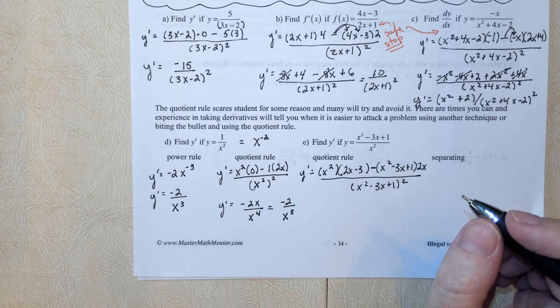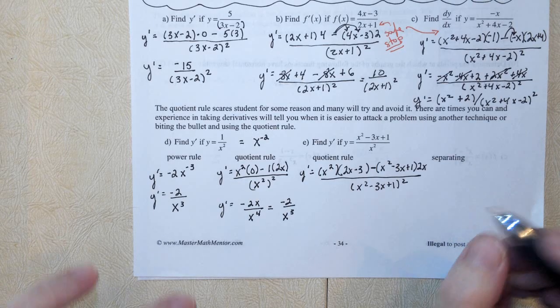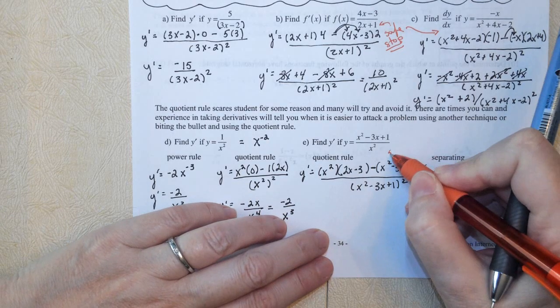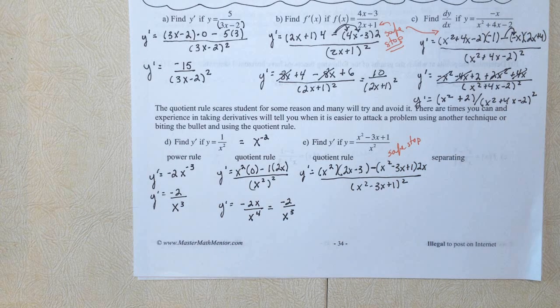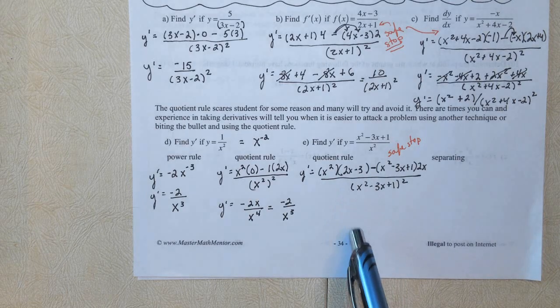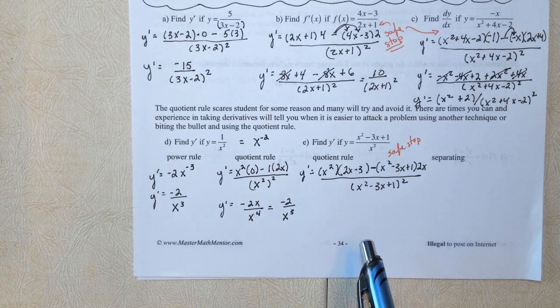Okay, now, though on the AP test, this would be considered your safe stop, if it's a multiple choice question, they may be checking to make sure you can do the algebra all the way out, which means this could get kind of bad.